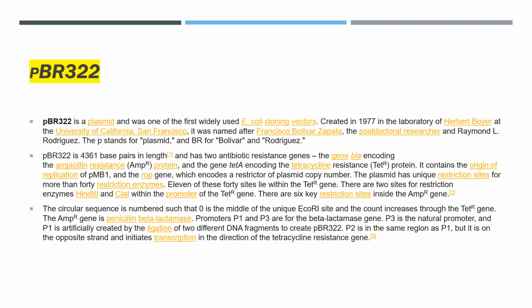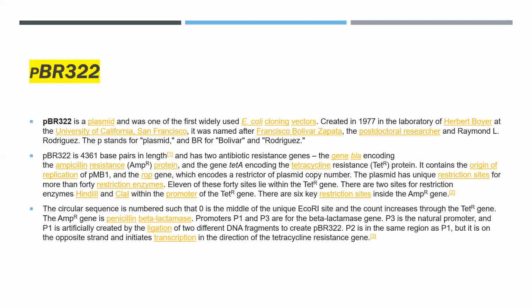There are 6 key restriction sites inside the ampicillin resistance gene. The circular sequence is numbered such that 0 is the middle of the unique EcoRI site and the count increases through the TET gene.